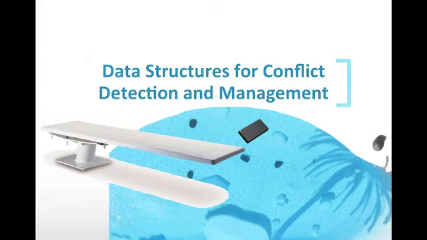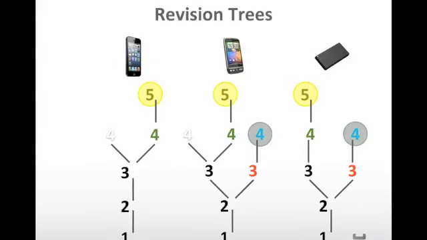So let's see, I think this may be the last topic I really wanted to talk about, and this is the data structures that we use for conflict detection and management. And I have a big animation of this that I can go through for like 10 or 15 minutes, but I'm not going to do that.